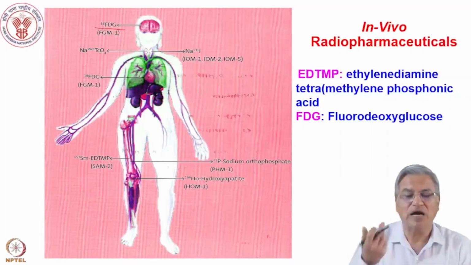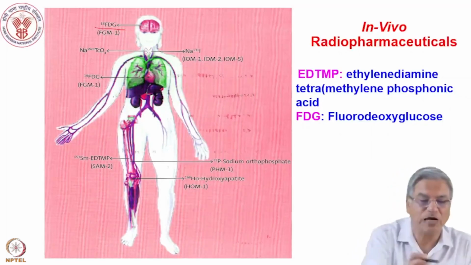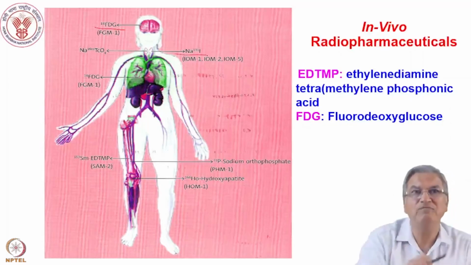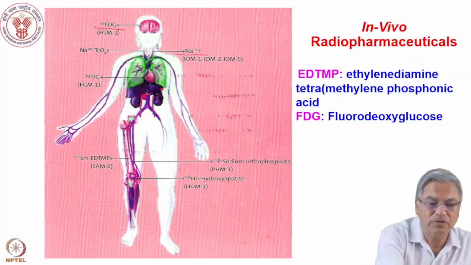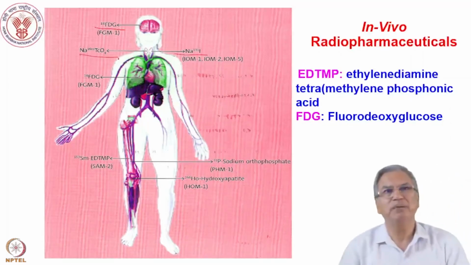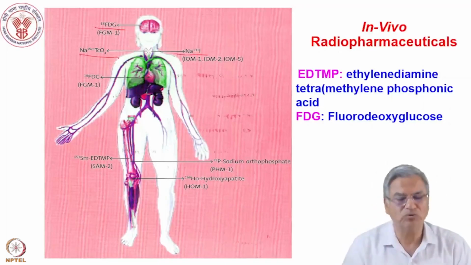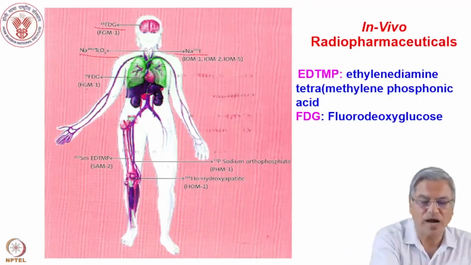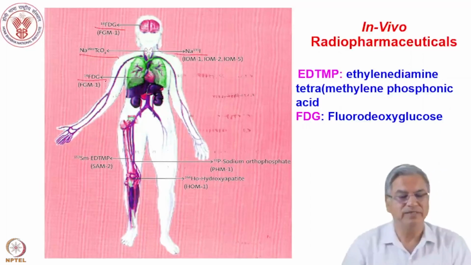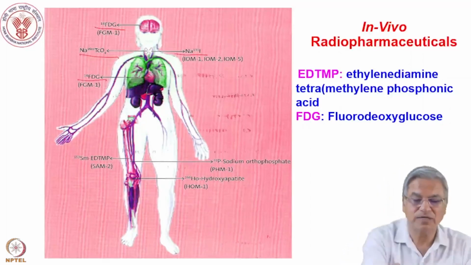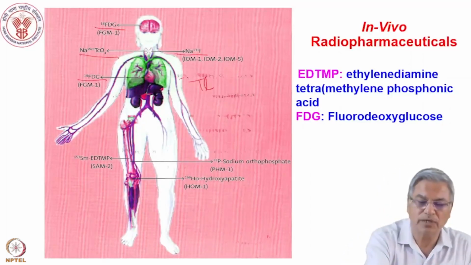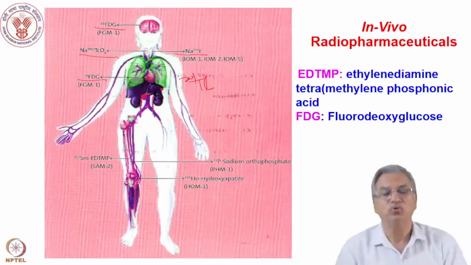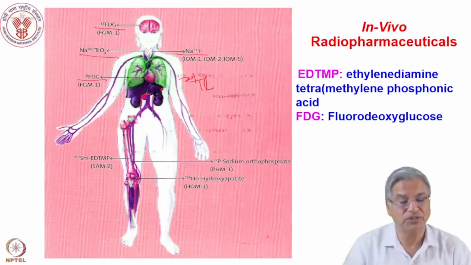If you want to see the thyroid uptake, thyroid functioning, whether there is any malfunctioning of thyroid, you can do sodium iodide labeled with iodine-131, or even technetium-99m, because technetium also can go to thyroid. Then for heart, you have F-18 FDG, and thallium-201 also will go to heart, so you can do it for stress test.